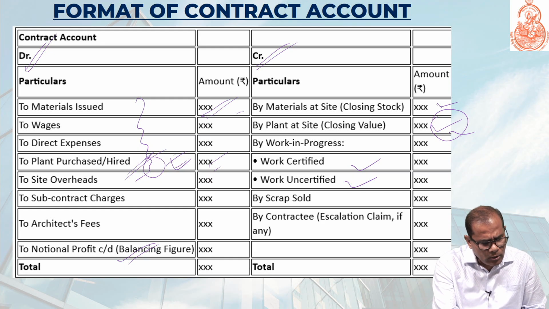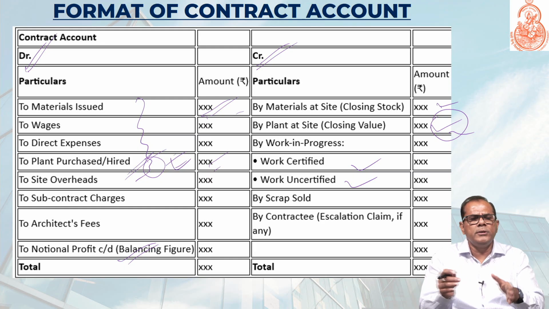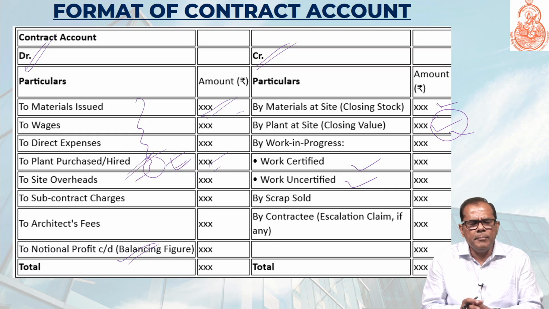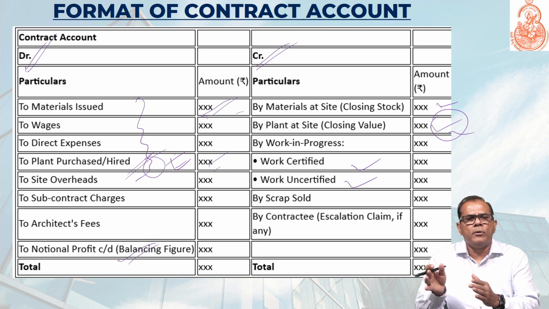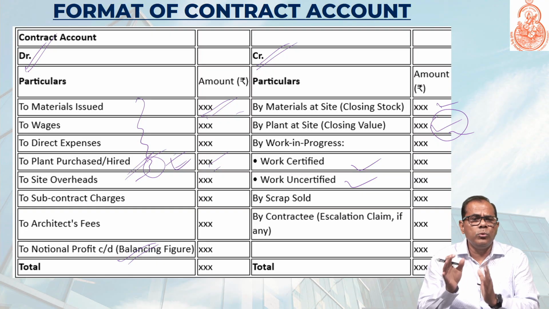Now, out of this notional profit, a portion of the same is to be transferred to the P&L account, and in the previous lecture we discussed the guidelines prescribed by the Institute of Cost Accountants of India with regard to profit recognition.